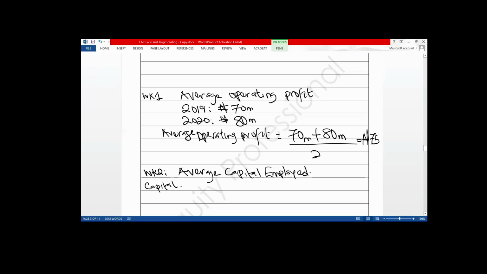That's correct. You can do it like this, please. Your capital employed is calculated as total assets minus current liability. Now go to 2019. What is the total asset value?